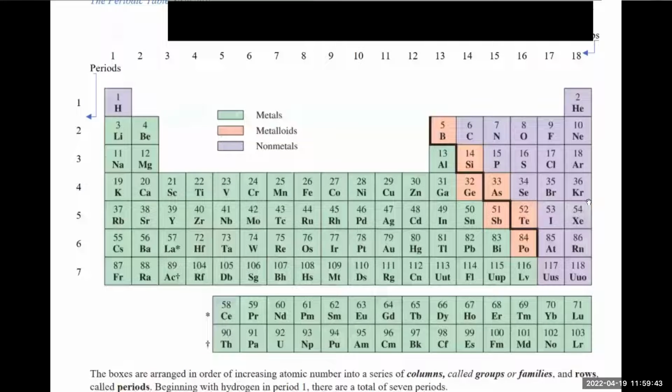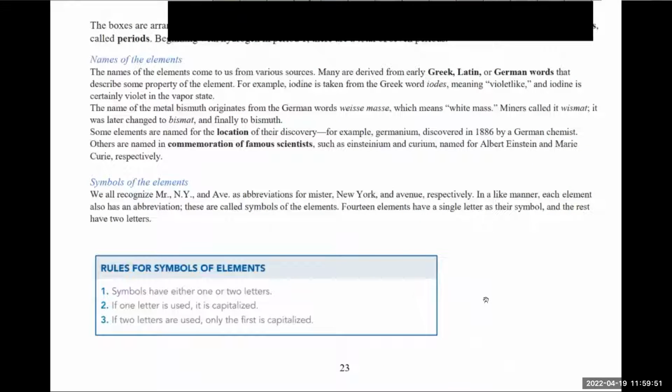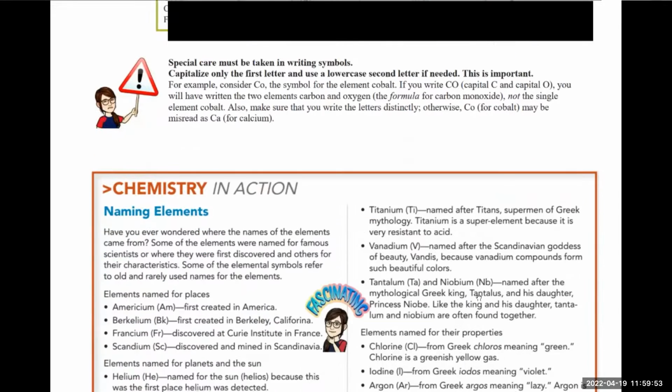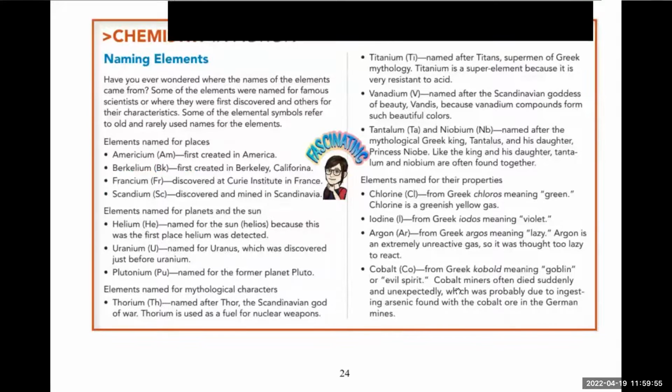Take a look. Argon is here, in group 18. The last group is called the noble gases. They are called noble gases because they are unreactive gases. So they decided to call argon argos, meaning lazy, because argon is an extremely unreactive gas.